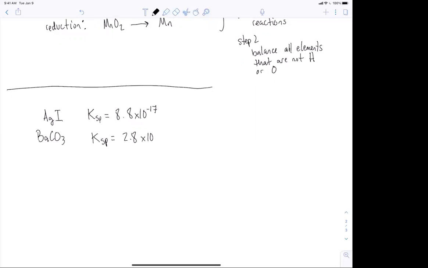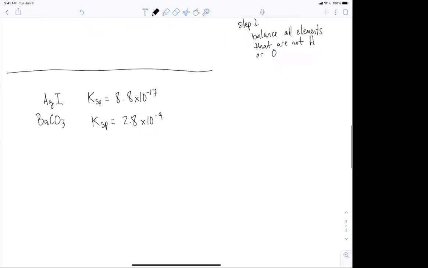is sort of related to the, I don't want to say stoichiometry of the salt that's dissolving. I'll show you in a second what I mean by that.